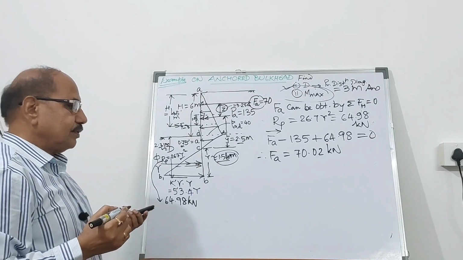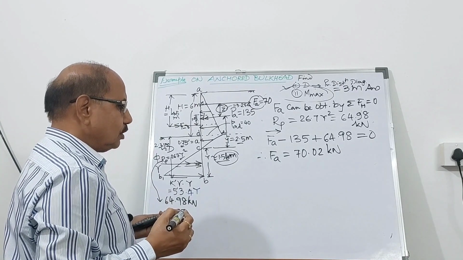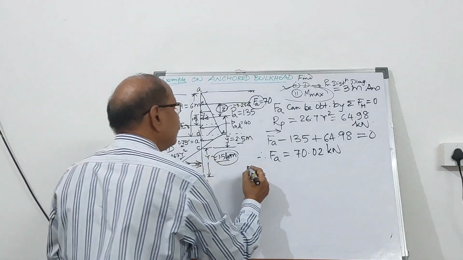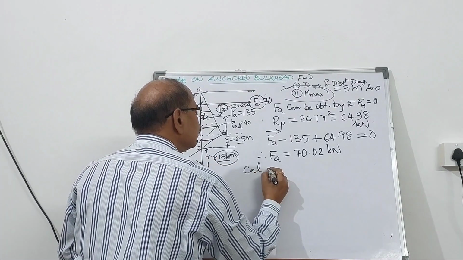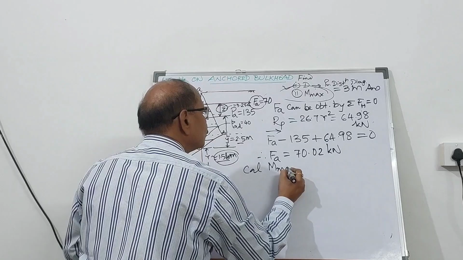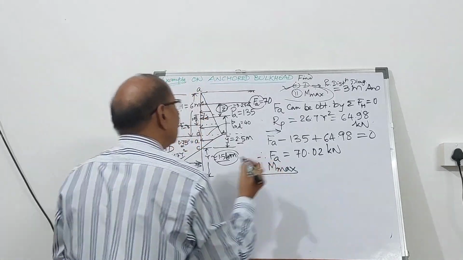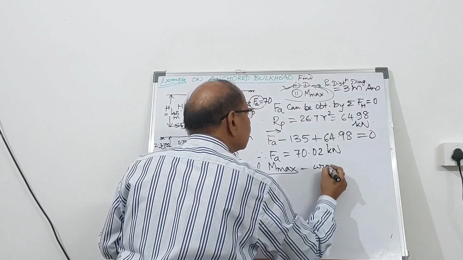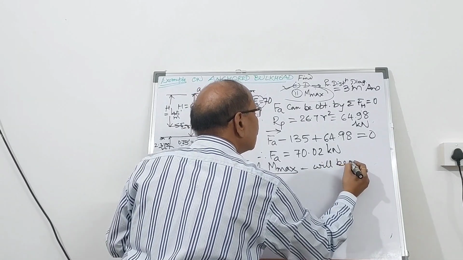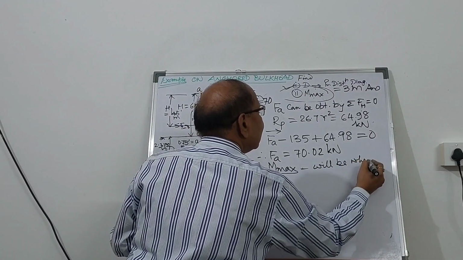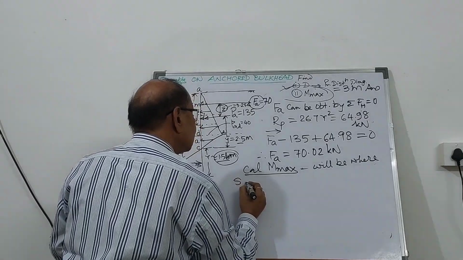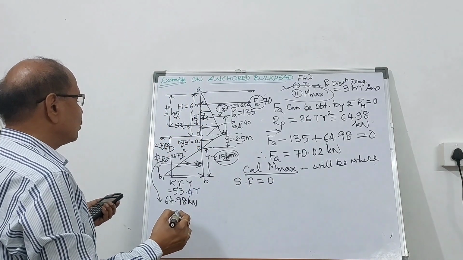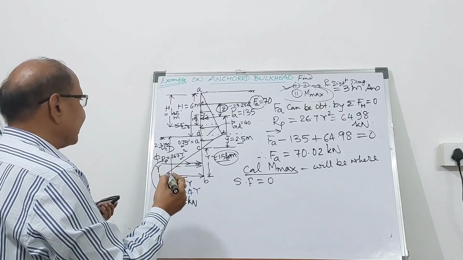Having got the value of FA, now we can find out the maximum bending moment. Now calculate M max. So the maximum bending moment will be where shear force becomes 0. Let's say shear force is going to be 0 at a height h1.